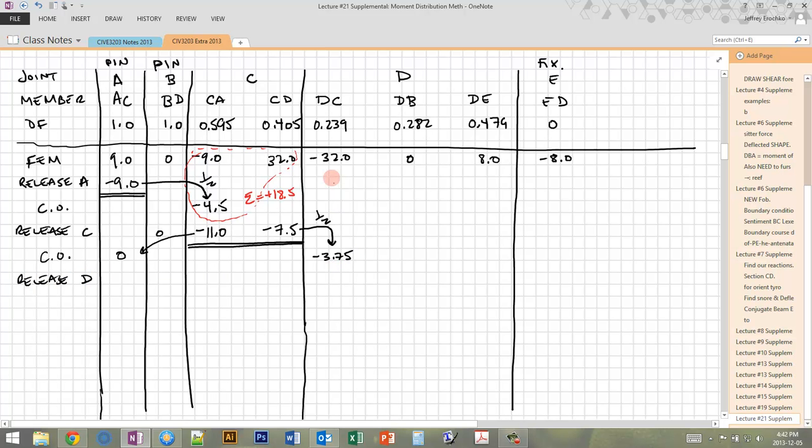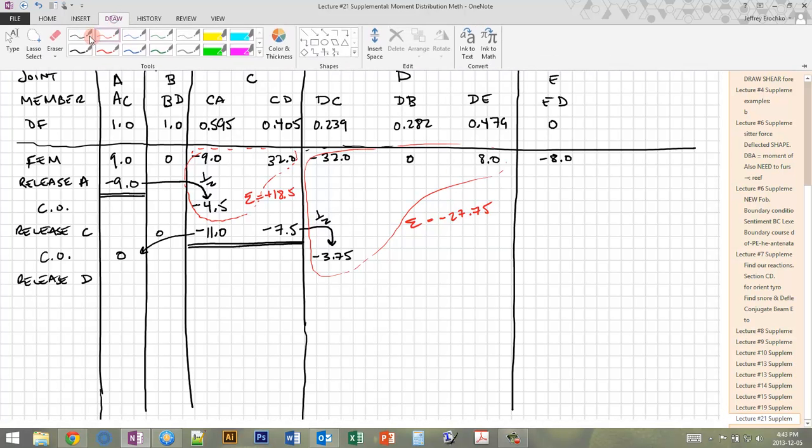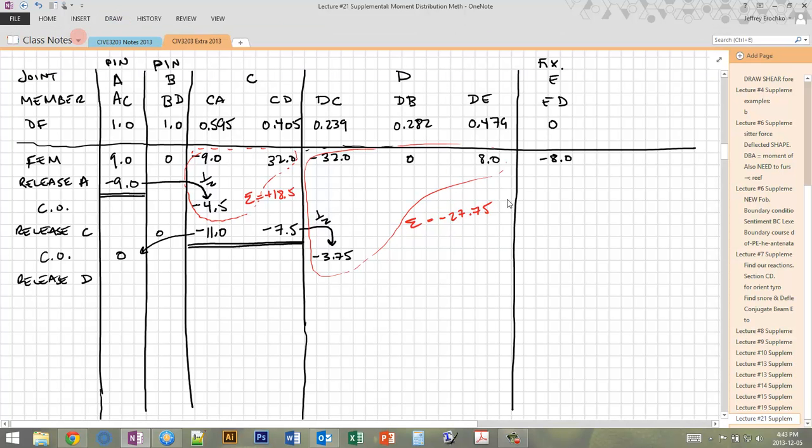Okay, so now our total unbalanced moment again includes our fixed end forces and our new carryover here. So the total sum of all these three is equal to, if you figure it out, negative 27.75. So now again, we have to balance that by adding a total of 27.75 positive.